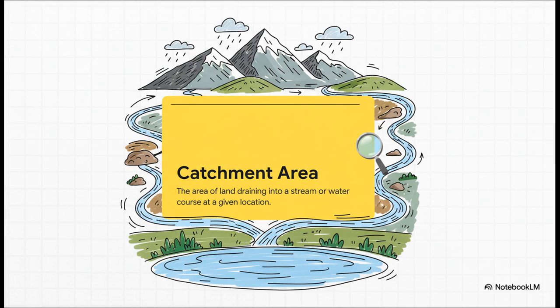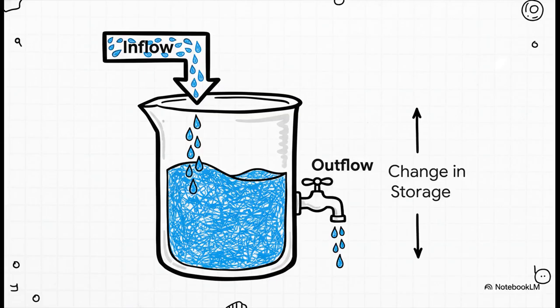Simply put, it's the entire area of land where all the rainwater that falls drains into a single common point, like a river or a lake. The basic principle here is as simple as your bank account. The amount of water coming in, the inflow, minus the amount of water going out, the outflow, equals the change in the amount of water that's being stored. It's a straightforward application of the principle of conservation of mass.